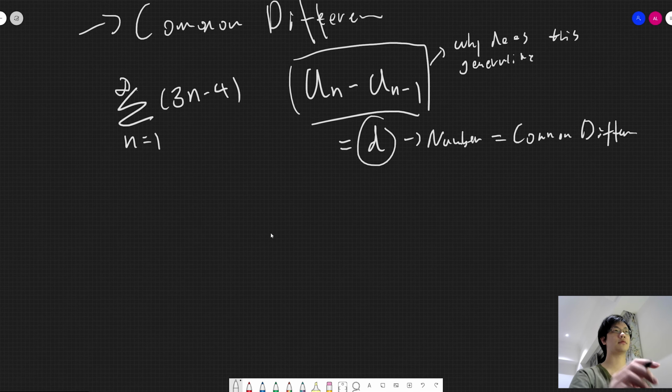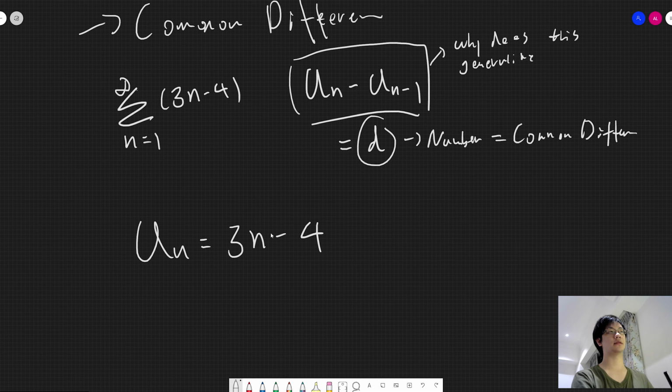Okay, so what's un then? Well, we know that un equals 3n minus 4. This is what we know from here. And under the same idea, un-1 will just be 3(n minus 1) minus 4.